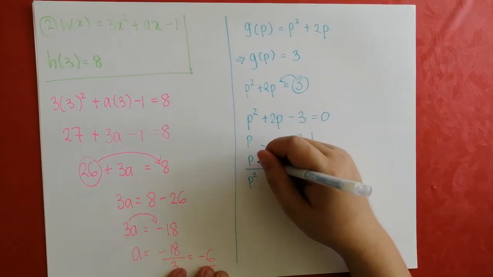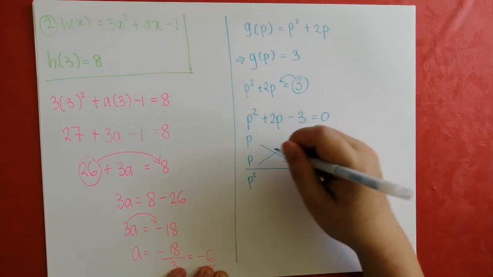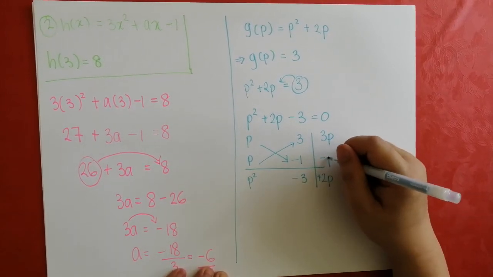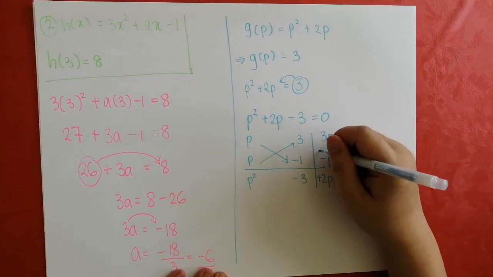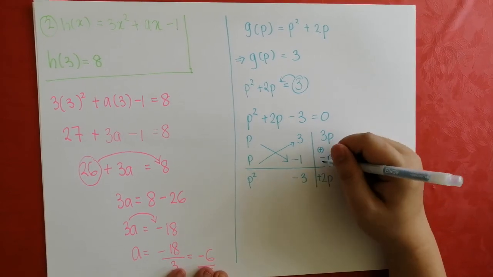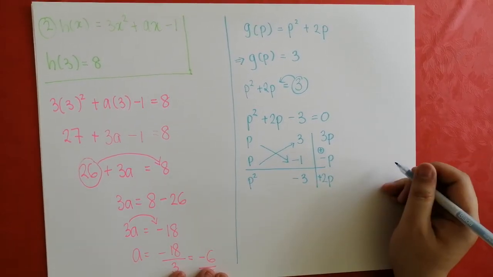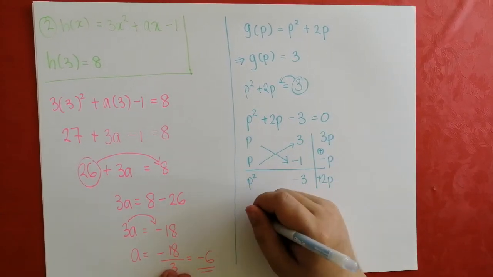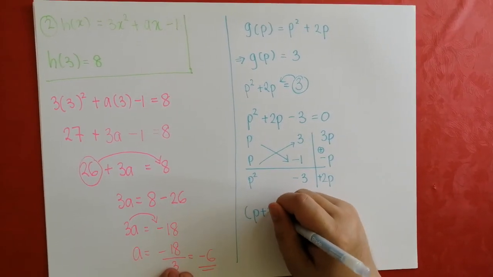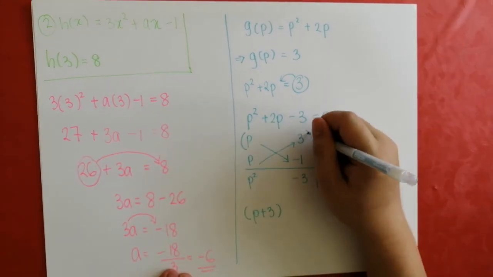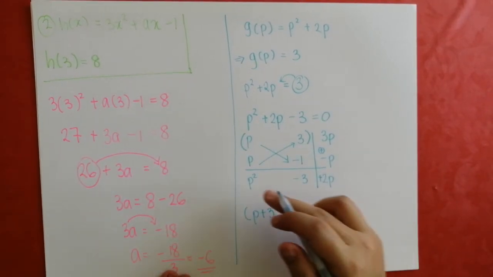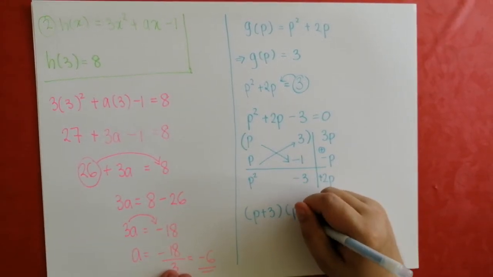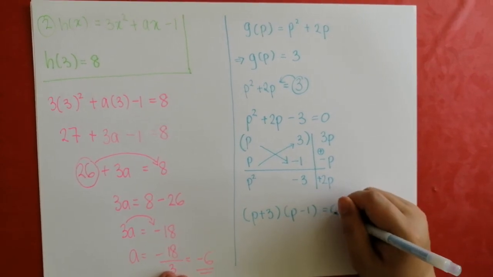Cross multiply: p times 3 is 3p, p times negative 1 is negative p. We always have to add them, so 3 plus negative 1 gives you positive 2, which is correct. Then let's rewrite the factors. We will have p plus 3 as one bracket, writing it across, and the second bracket will be p minus 1 equals 0.